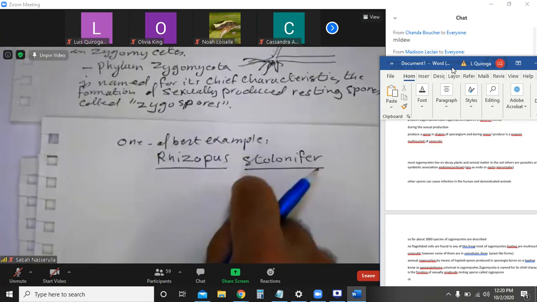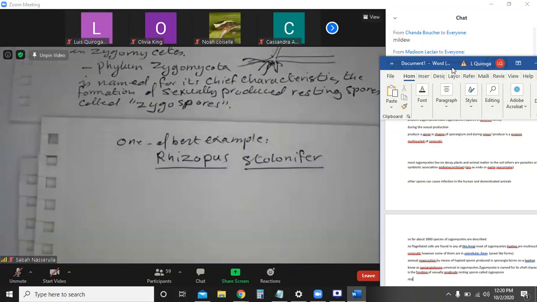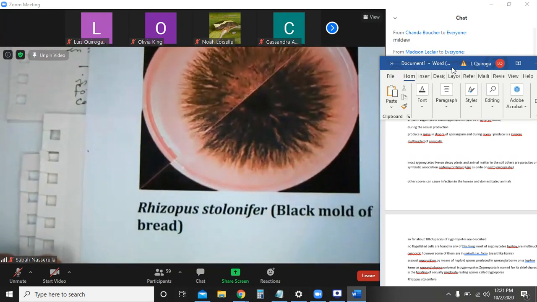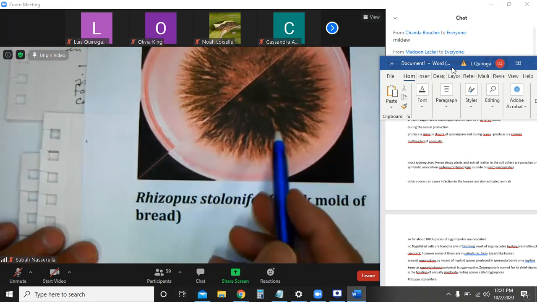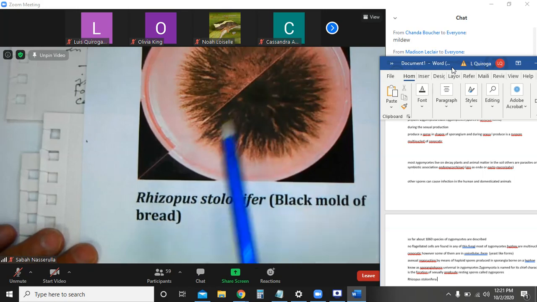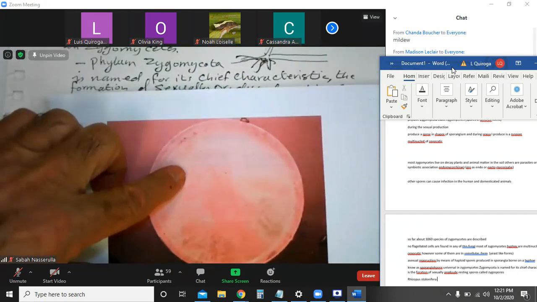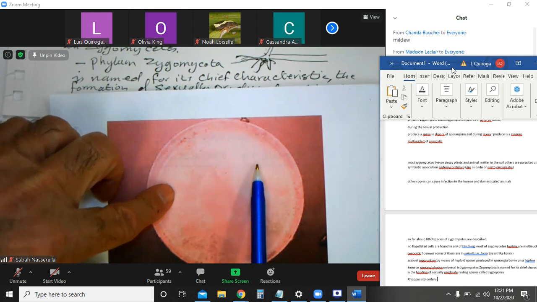This is a typical example, which looks like this one here. Normally, when it grows in a petri dish, it gives a very black color.